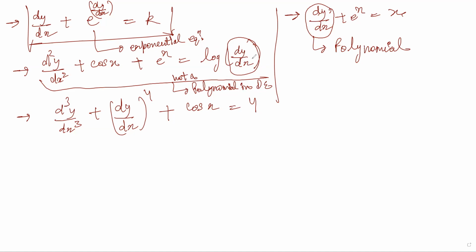It is more like a logarithmic or mixed equation. So whenever a derivative is used in the form of other functions, the equation will not be a polynomial. And hence, if the equation is not a polynomial, then degree is not defined.